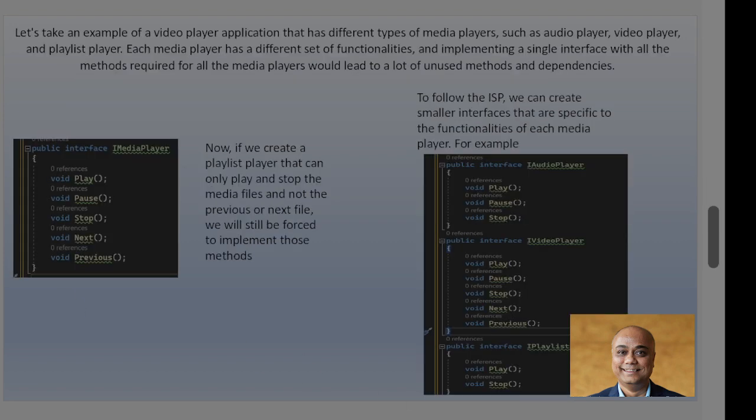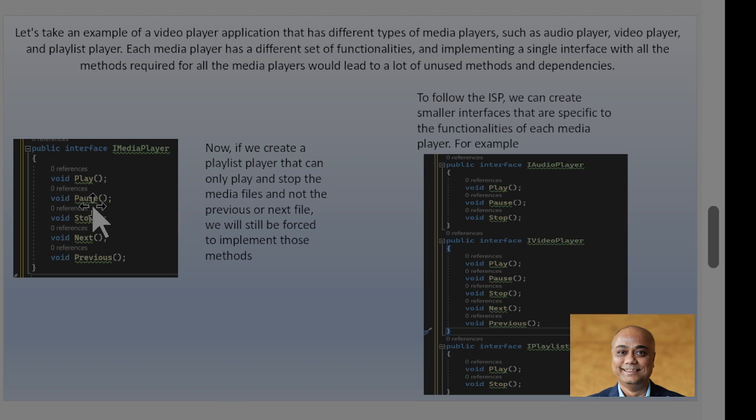dependency. Let's take an example of a video player application that has different types of media players, such as audio player, video player, and playlist player. Each media player has a different set of functionalities, and implementing a single interface with all the methods required for all the media players would lead to a lot of unused methods and dependencies.